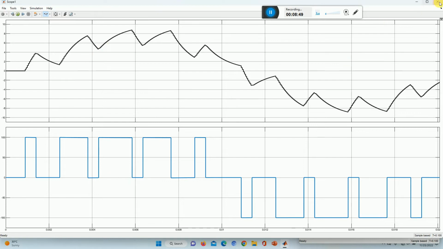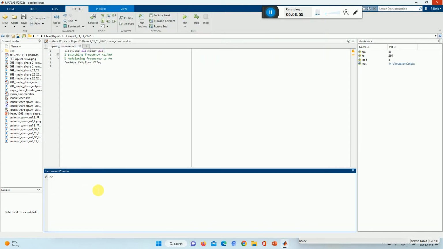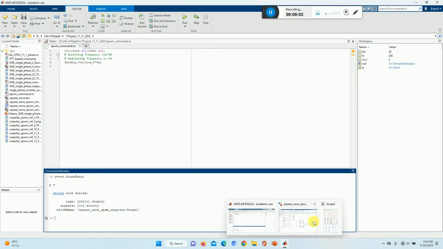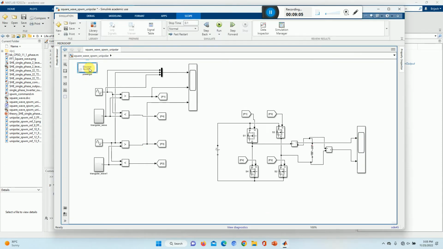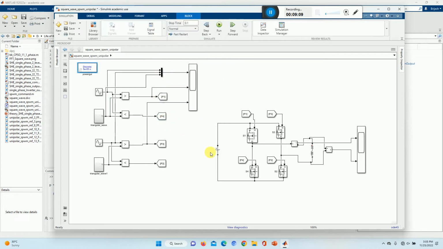Another very important thing to understand is the FFT analysis of this output voltage waveform. For that we have to run a program like p equal to out.scope.data1. Now we can run the FFT analysis of the output voltage waveform, and we get the FFT here.